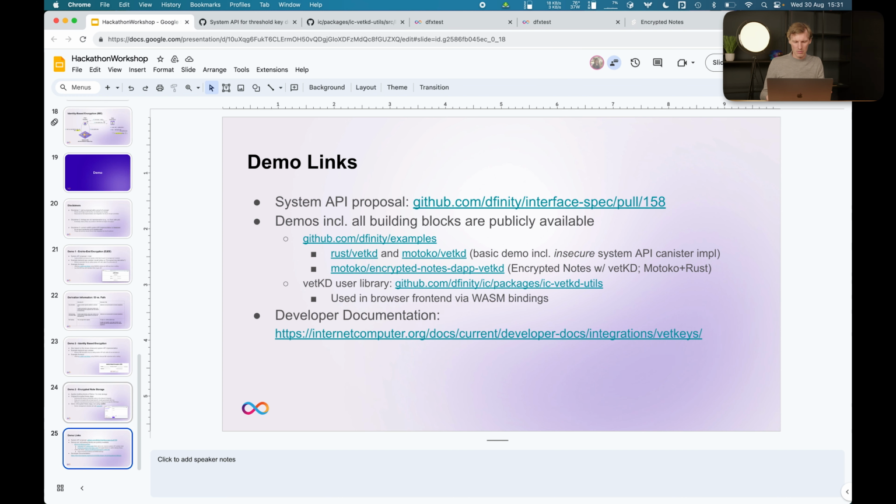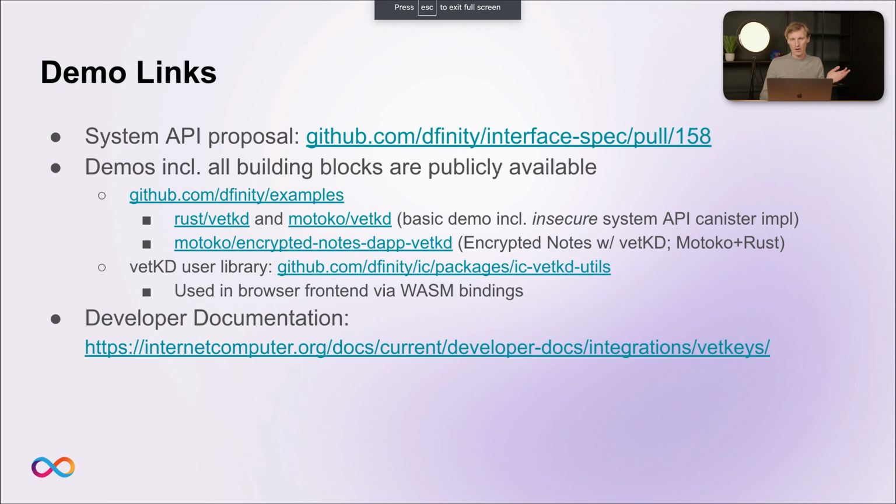As Aisling said, all of this is publicly available. The system API proposal that we have is on GitHub in a PR in the interface spec repository. All the demos are on GitHub in the DFINITY examples repository.